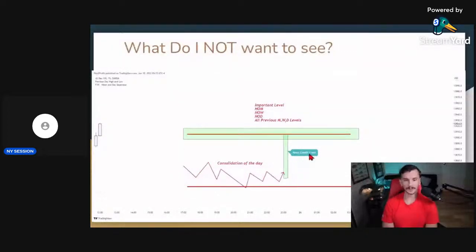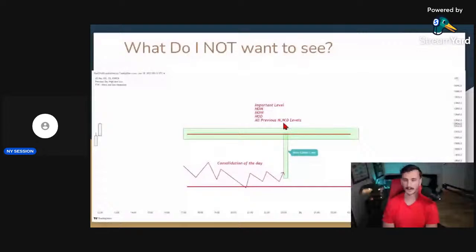And then notice how the news candle on the 1 minute explodes and only goes back to that level. I either want it to go maybe halfway or a quarter of the way, whatever it may be, so that I have room to go, or I want it to explode all the way through, letting me know, hey, maybe this is a range expansion of that level. And these important levels could be high of the current month, week, day, or previous levels such as previous month's high, week's high, or day's high.